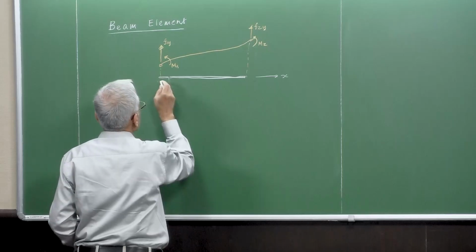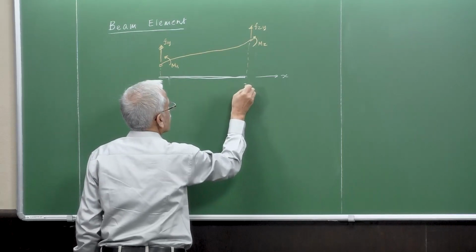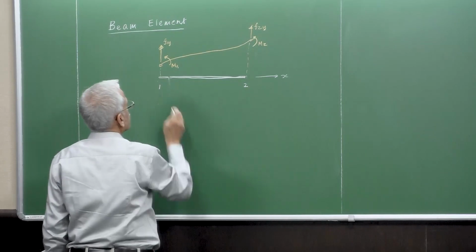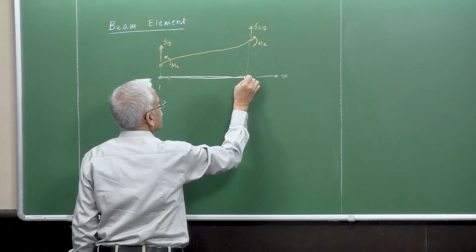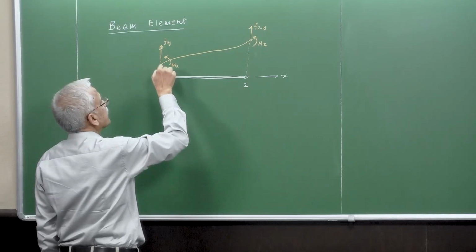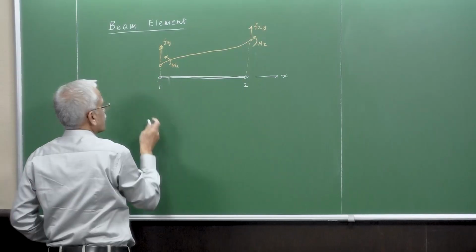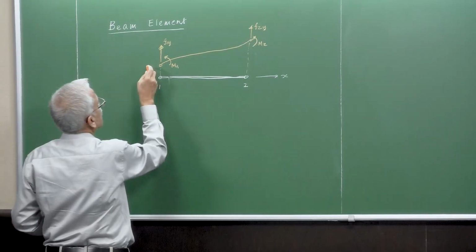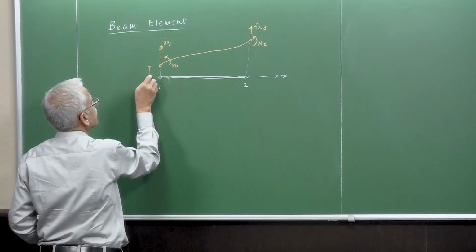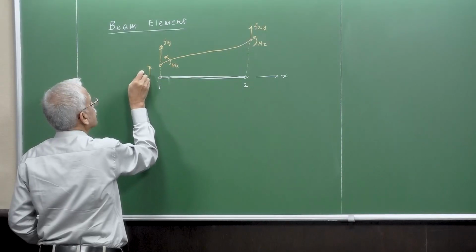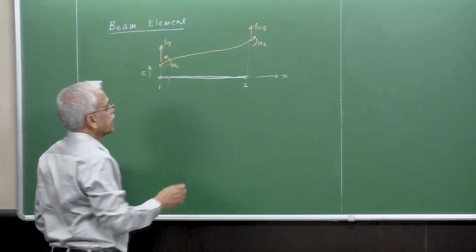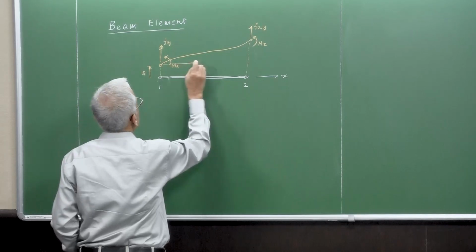So these are two nodes, 1 and 2 here. And it has a vertical deflection, which we call V1, and then it has a slope here.